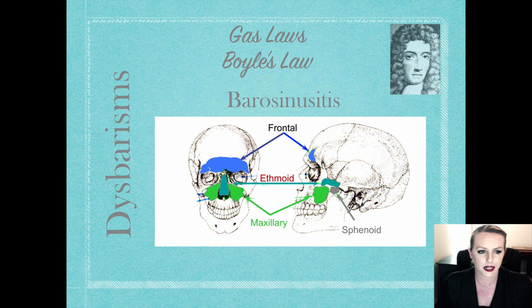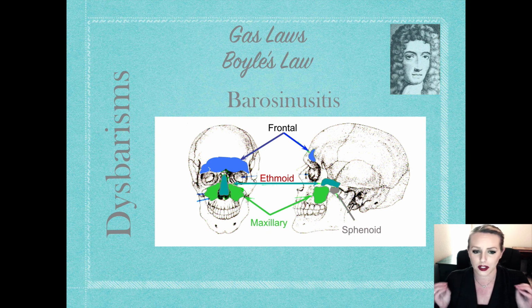Let's go into our dysbarisms. So the first one is barosinusitis. So we have sinuses here, here, here. This is where you get air trapped in those sinuses, so you have a cold, you're just stuffy, you don't feel good. When we go up into atmosphere with these, that pressure expands.